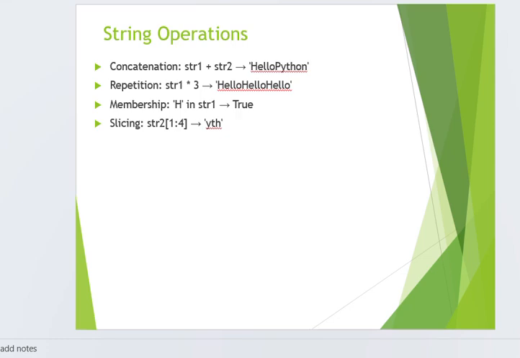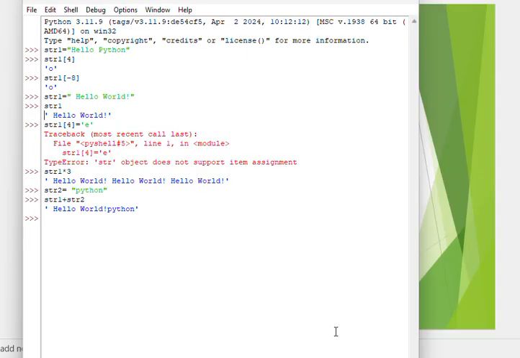Let's take an example. I want H not in string 1. It is giving you false because H does exist in that.